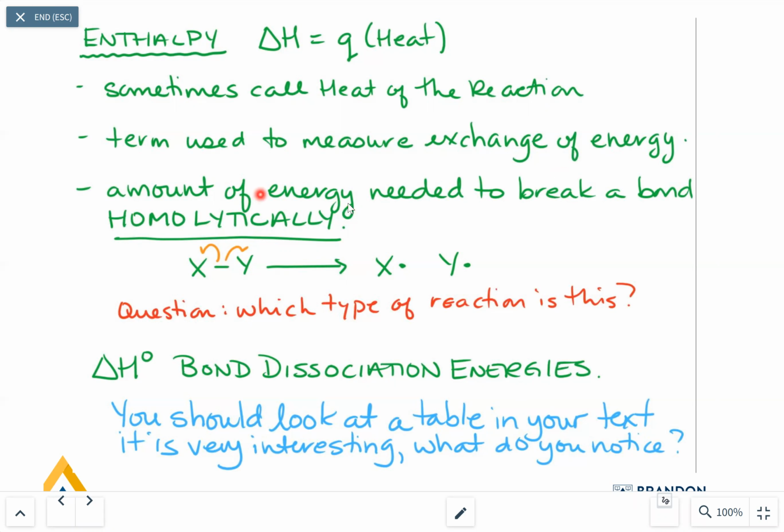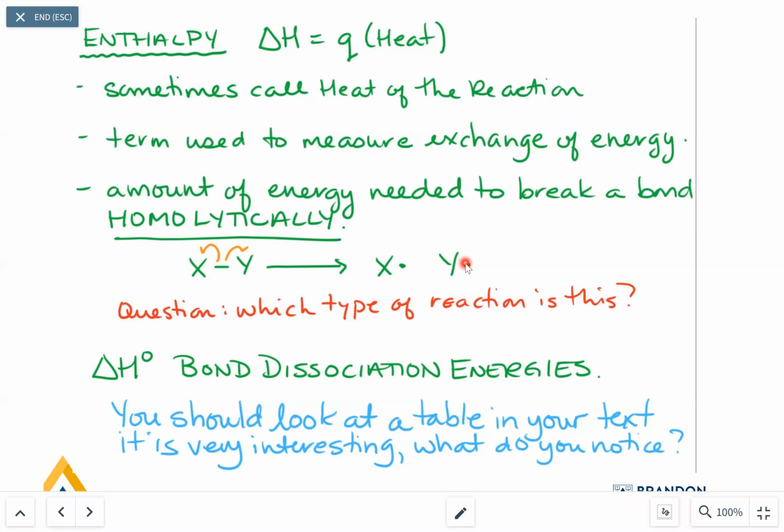The amount of energy needed to break a bond, when we calculate this in textbooks, this enthalpy, the heat of reaction, is for breaking the bond homolytically. So if you've got a bond between X and Y, X gets an electron, Y gets an electron.